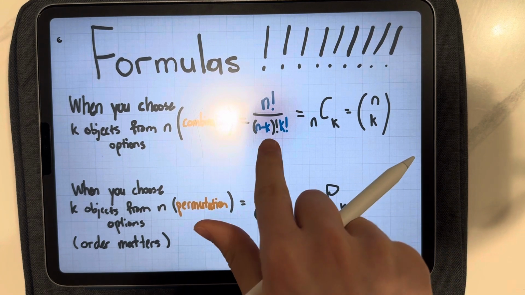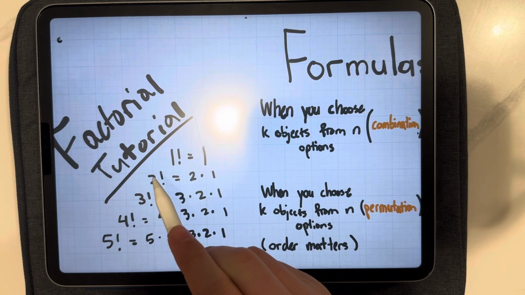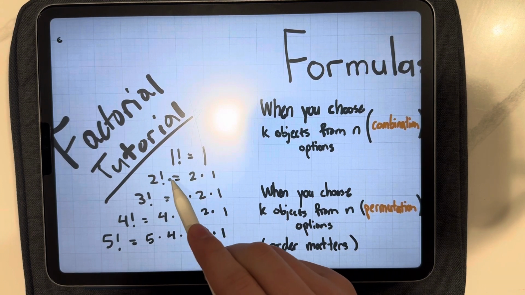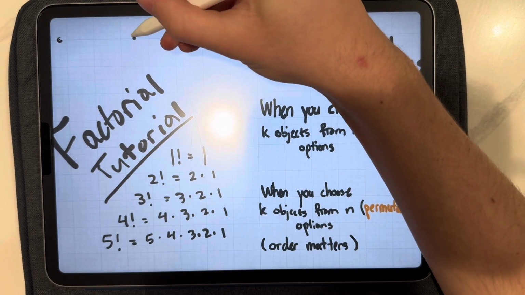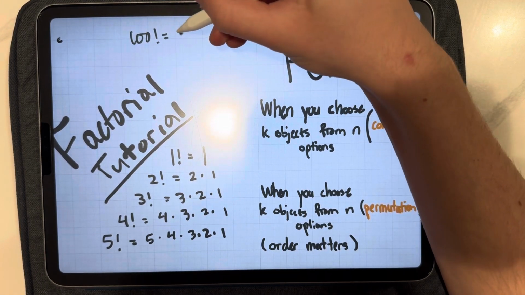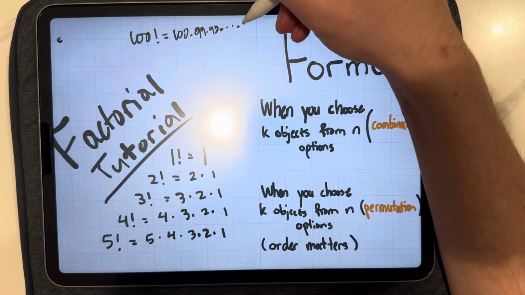And if you don't know what the factorial is, this is a quick tutorial. So 1 factorial is equal to 1, 2 factorial is 2 times 1, 3 factorial is 3 times 2 times 1, and it just continues. If we were to do 100 factorial, it would be 100 times 99 times 98, all the way down to 1.